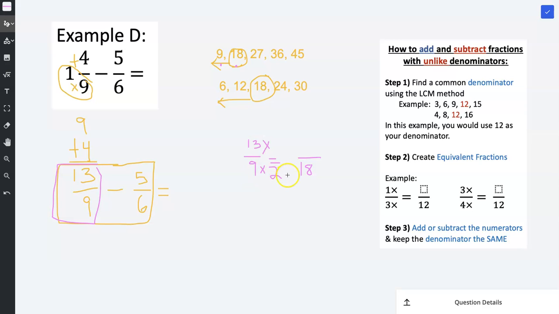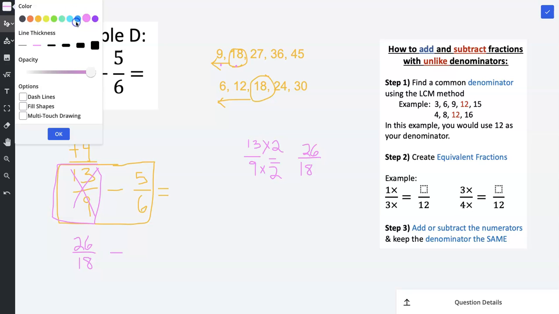So I multiply 9 by 2 to get 18. I need to multiply the numerator by that same number. 13 times 2 is 26. So I get rid of 13 ninths, and in its place, I create an equivalent fraction, 26 eighteenths. 26 eighteenths is equal to 13 ninths. That's why I can replace 13 ninths with 26 eighteenths.